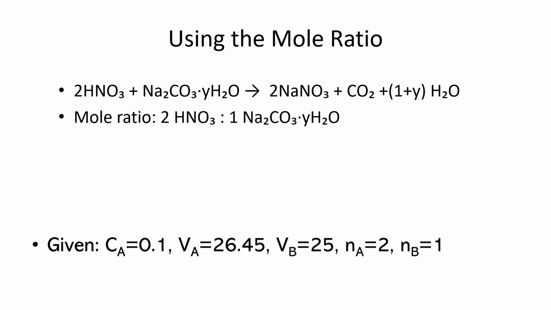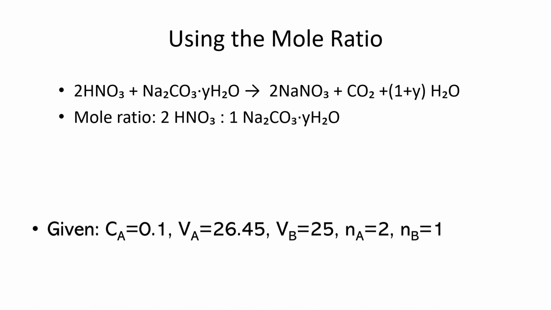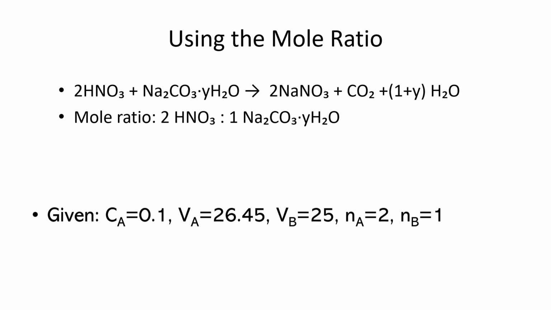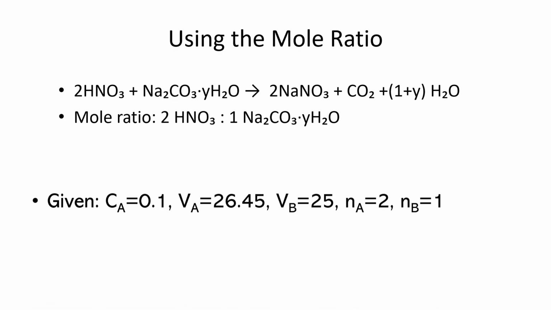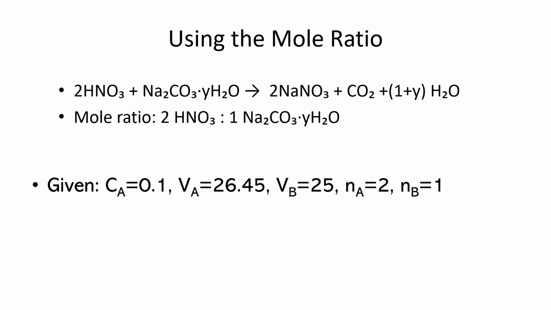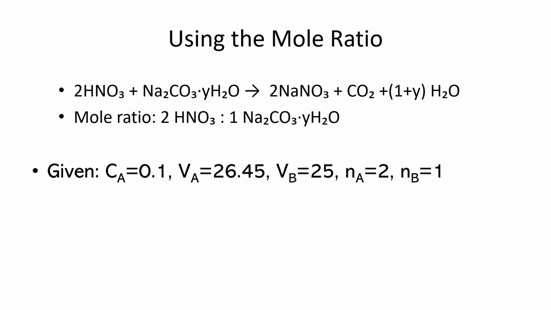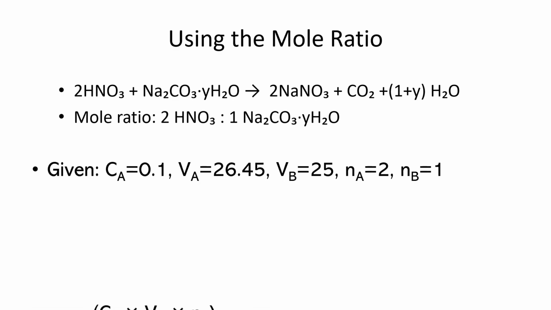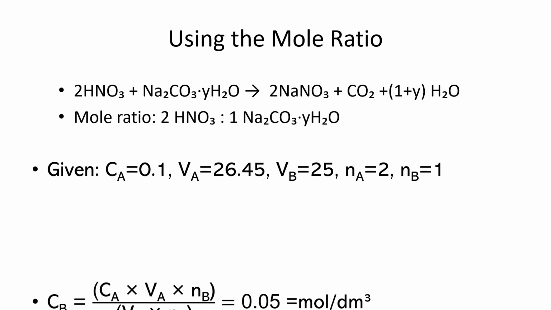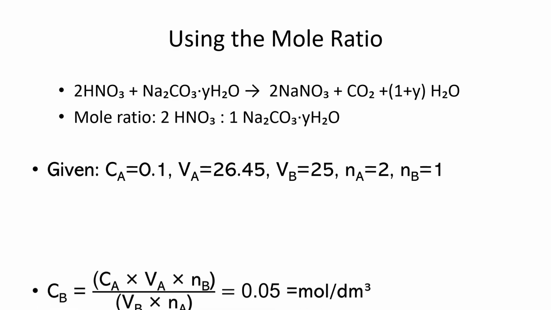Making Na to be 2, Nb to be 1, Ca to be 0.1 moles per dm cube, Va to be 26.45 centimeters cube. Vb is 25 centimeters cube of the pipette, Cb is unknown. From this formula, Cb is 0.05 moles per dm cube.